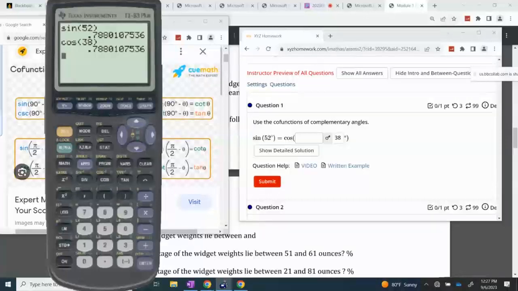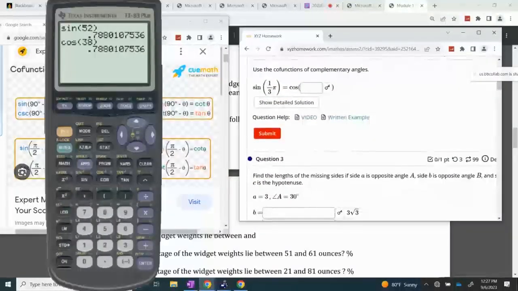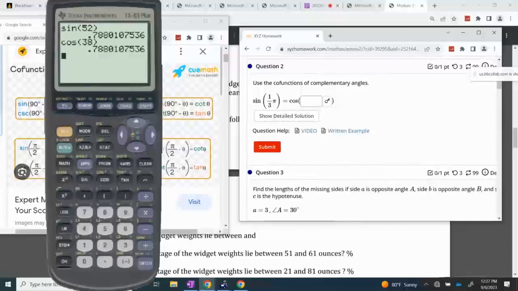So that's number one. The second one, I'm given radian measure. It says the sine of 1/3 pi is equal to the cosine of blank.